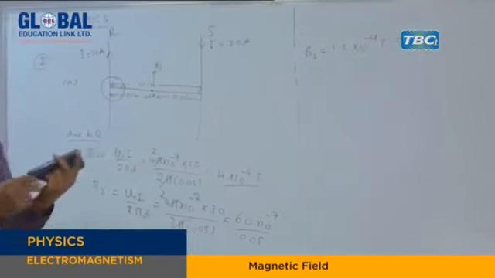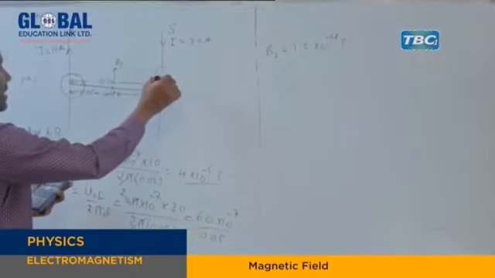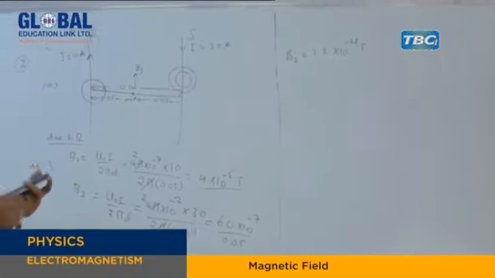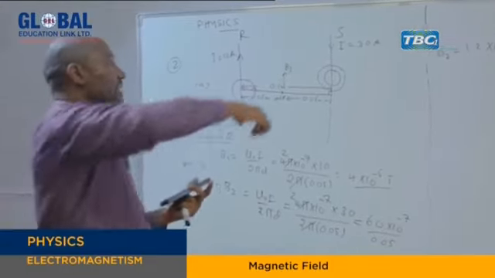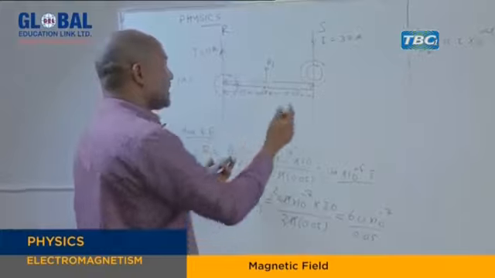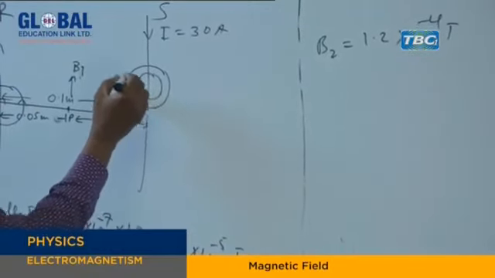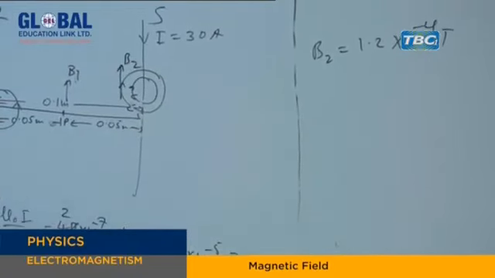Now, what will be the direction of that one? If you draw again, go back to our diagrams. If you remember the right hand grip rule, when you are finding the current is moving downwards, so the current will be moving like that. Here, up. So if you draw a tangent, B2 also will be moving in the same direction as B1.